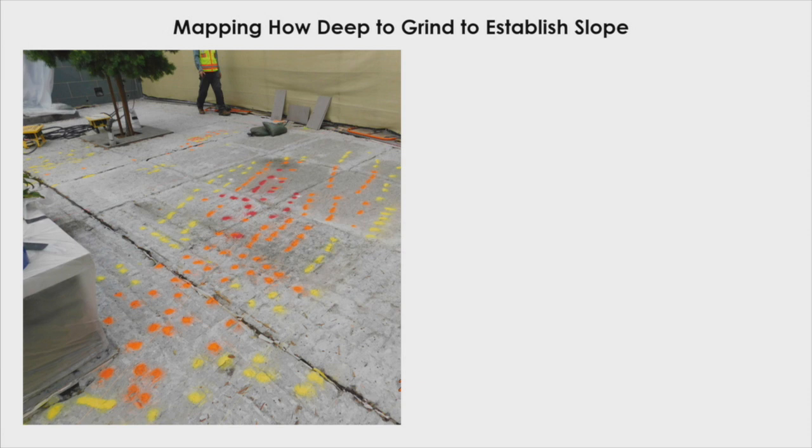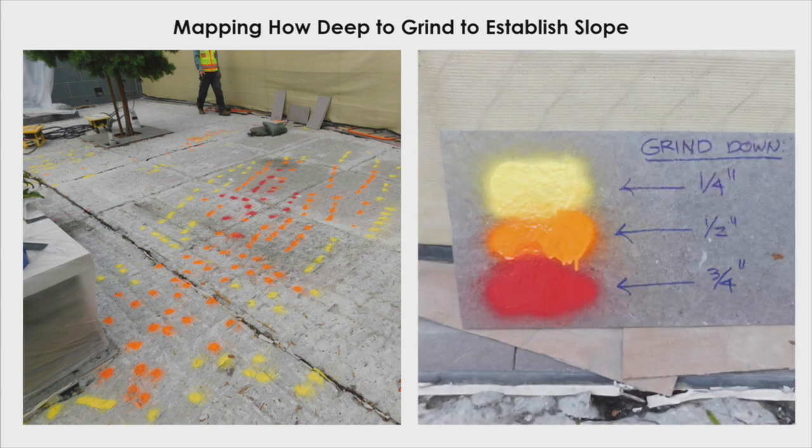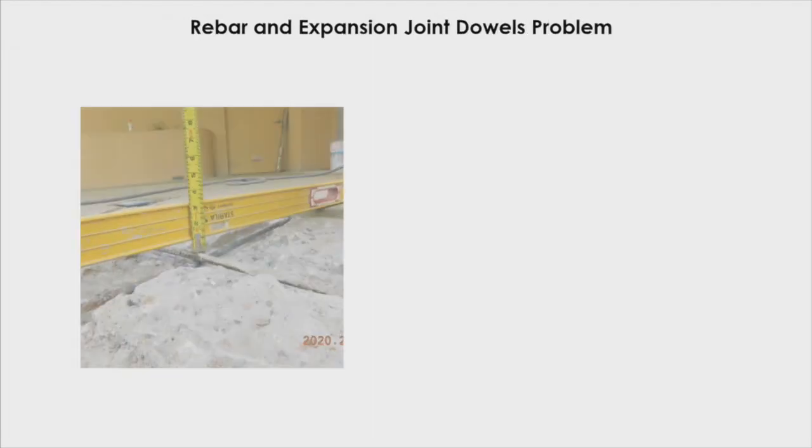So we created these little patterns indicating how deep we had to go in different areas in order to achieve the overall slope that we needed to achieve for it to properly slope.